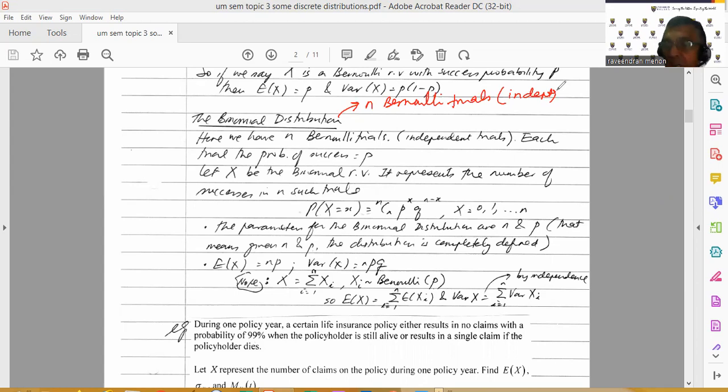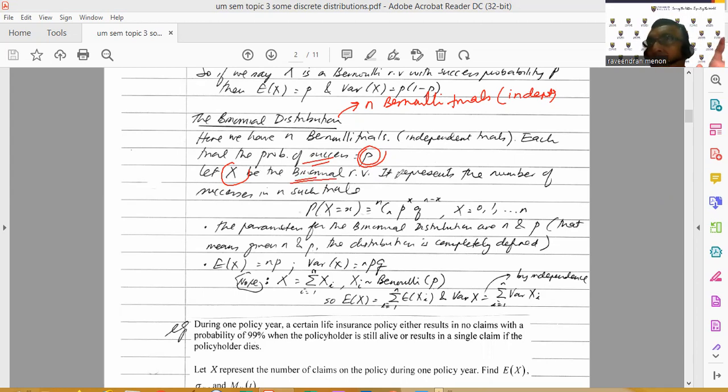So we've got N independent trials, and the probability of success, we like to call it P. Be careful about all this notation. The probability of success is P. Now, if you say X is a binomial random variable, careful, listen very carefully. I've already told you two things. One, we've got N independent trials.